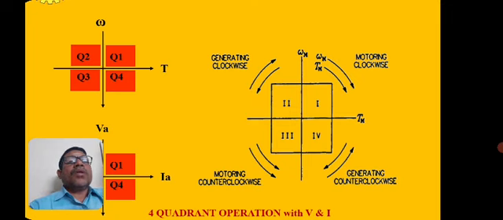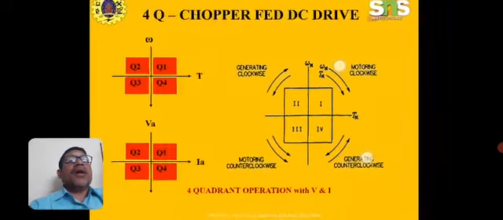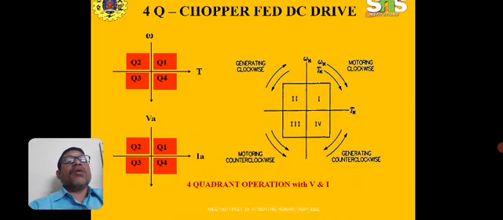Quadrant 3 is motoring counterclockwise. Quadrant 2 is generating clockwise, and quadrant 1 is motoring clockwise. Similarly, the torque speed quadrant and the current voltage quadrant are also mentioned here.